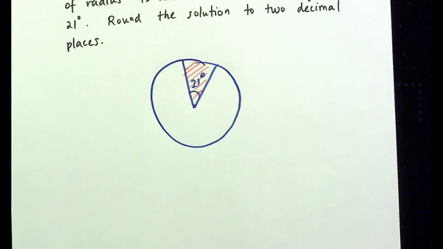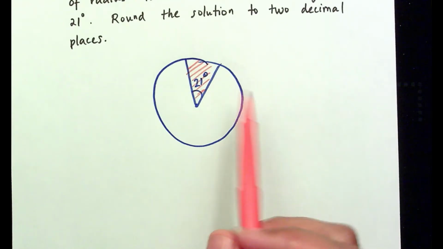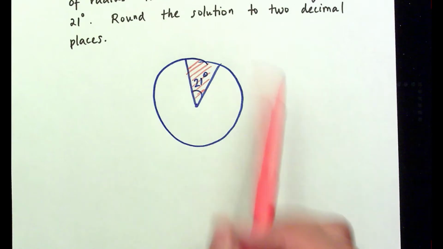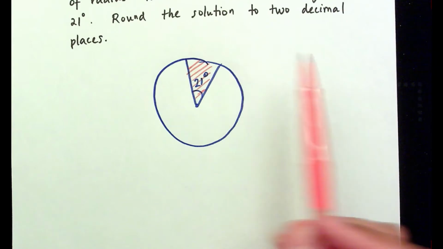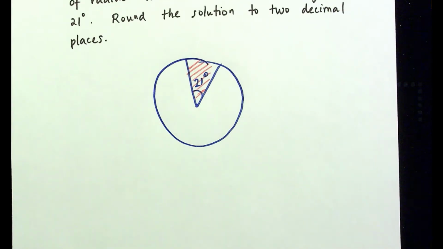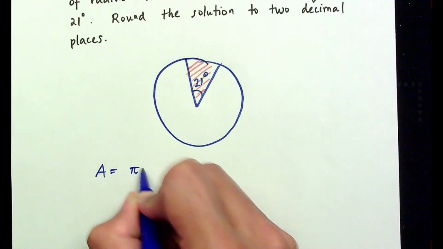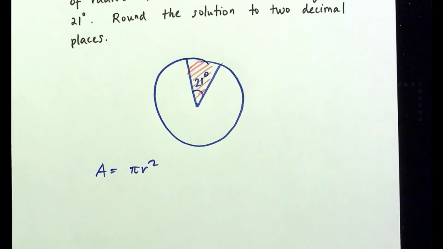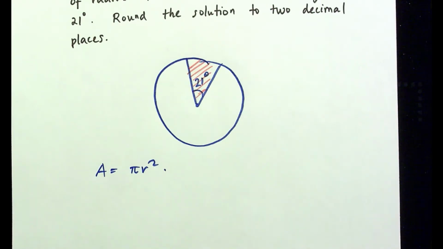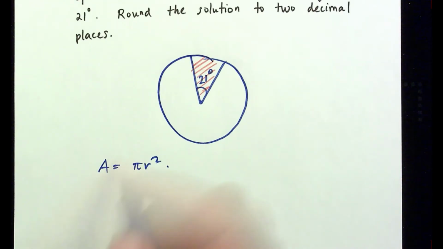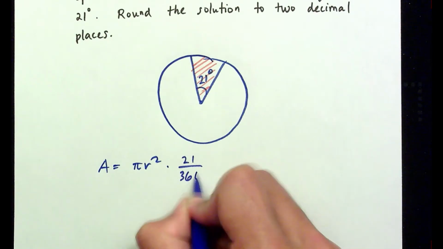Okay, so this is just a fraction of the whole circle. That means we first compute the area of the whole circle and then multiply by the fraction that corresponds to this sector. The area of the whole circle is pi r squared. And then to get the area of this sector, we multiply by the fraction corresponding to the sector, which in this case is 21 degrees over 360 degrees.